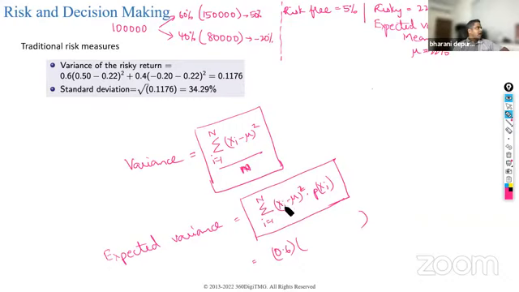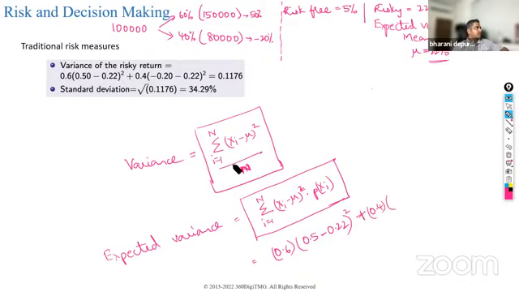So Xi happens to be 50%, which is nothing but 0.5, minus mu, which is the expected value, 22%, which is 0.2, and square, summation. The probability value is 40%, 0.4, into Xi.